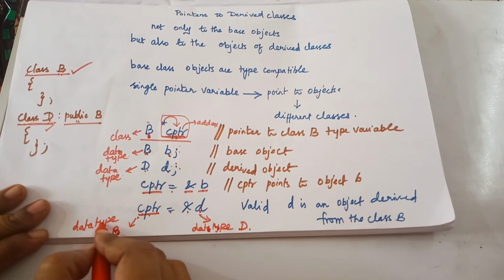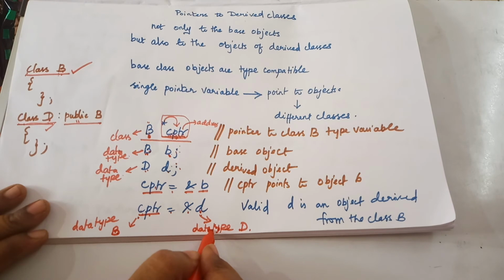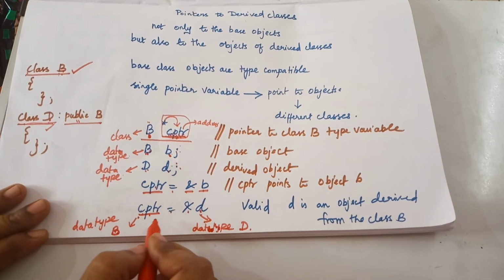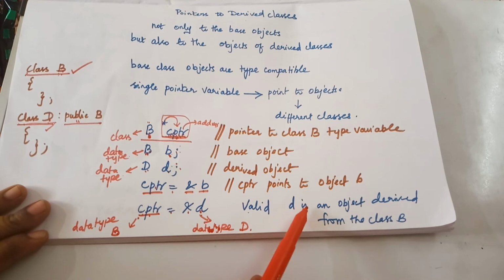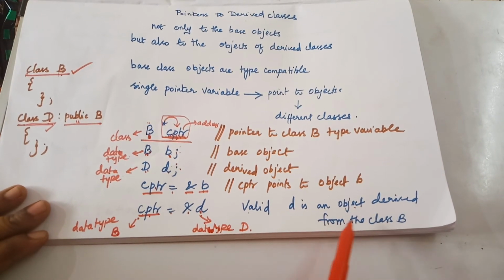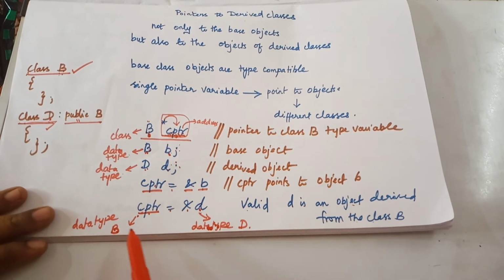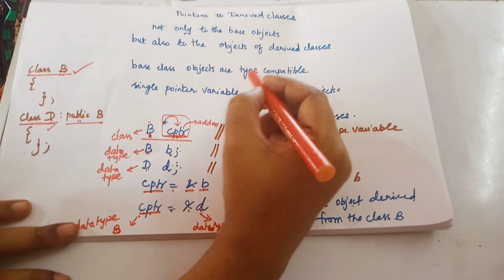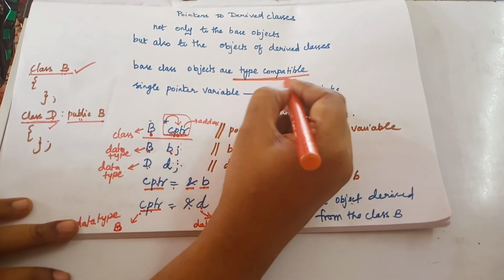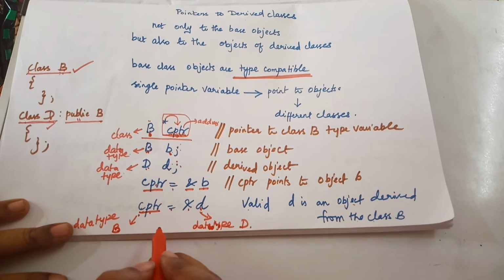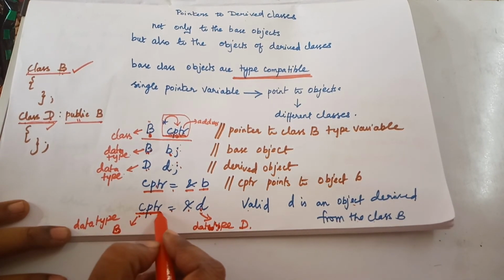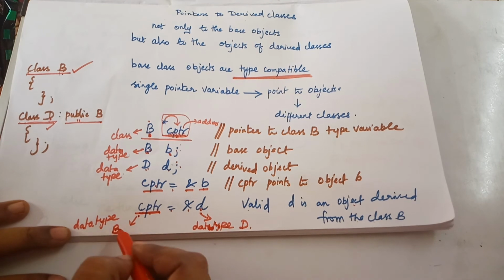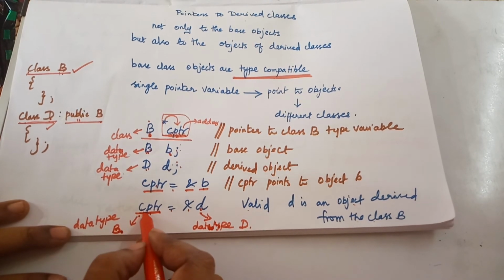This data type is different, this data type is different. But this is possible in C++. This is valid. D is an object derived from the class B. So this is called type compatible. The compiler will not give you the error. It is also acceptable. See here, this pointer is created for the data type B. It is a base class pointer.